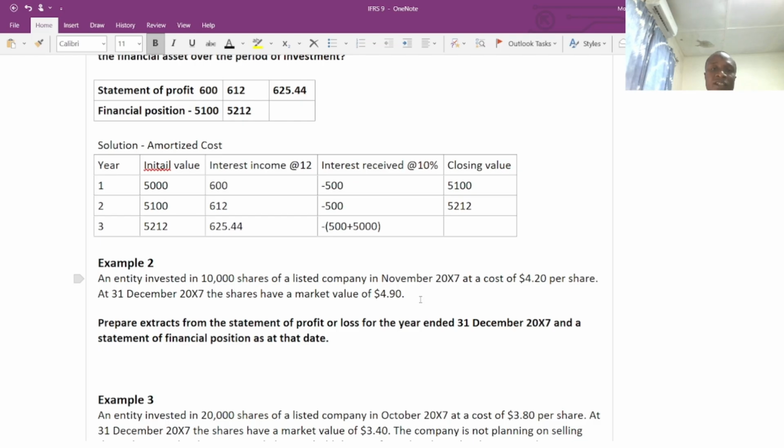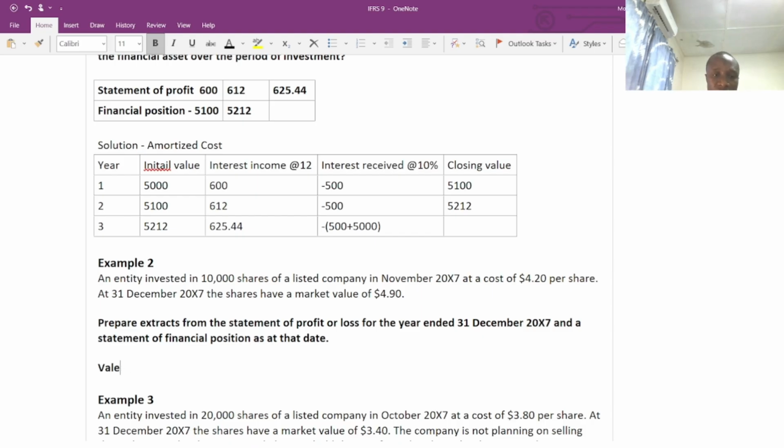So now, if we look at the tests, this particular transaction did not meet the amortized cost or the other comprehensive income test, which is the contractual cash flow and the business model test. So we are going to account for it using fair value through profit or loss. So now we need to calculate the value of the share.